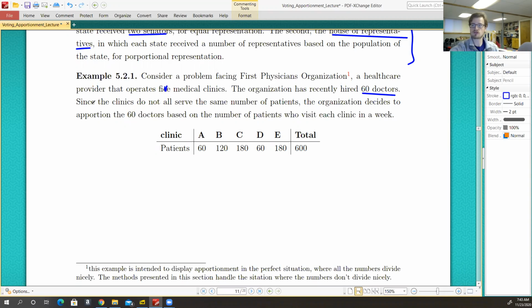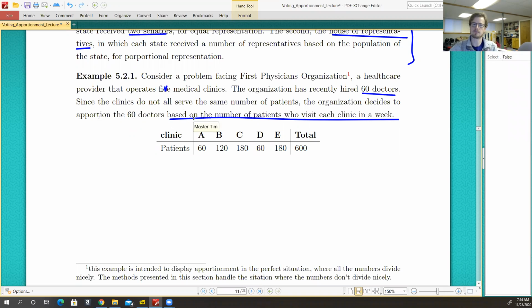They want to distribute those doctors to the various clinics, but the question is how do we distribute the doctors fairly? They're choosing to apportion the 60 doctors based on the number of patients who visit each clinic in a week, much like the House of Representatives, where each state has a number based on its population.